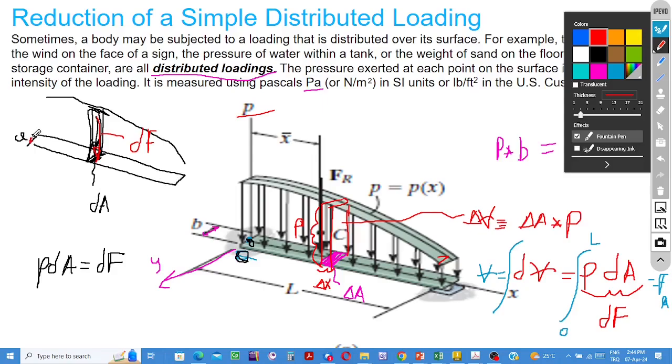But since the reference point is O, we must calculate the rotation effect of this force with respect to this point.